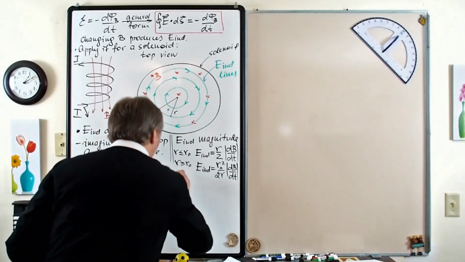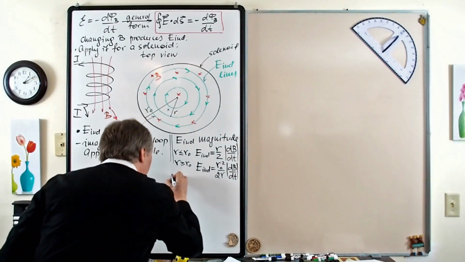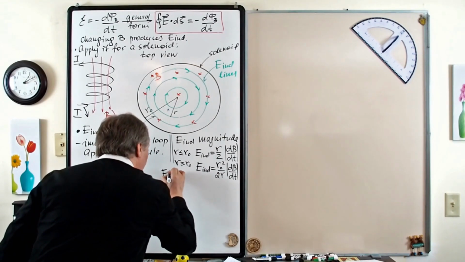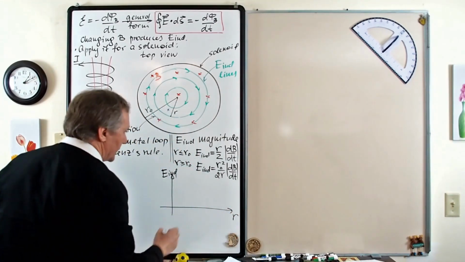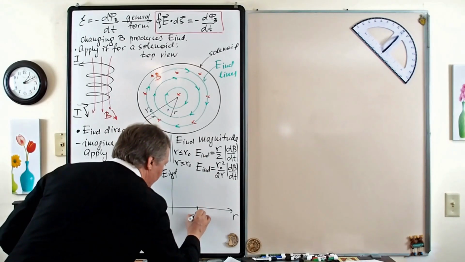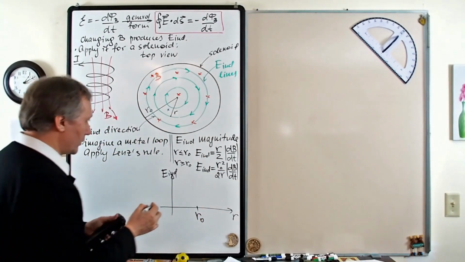So we can actually plot it, for example, to have a better picture. E induced versus R. Let's say this is the radius of the solenoid, R0.